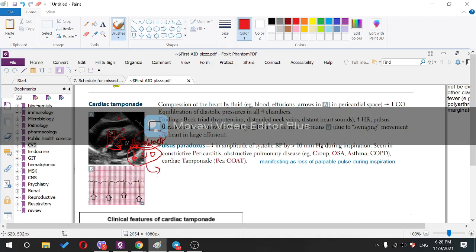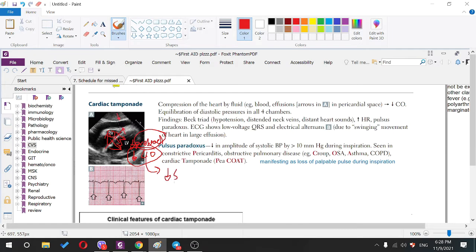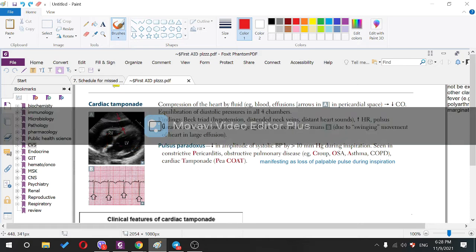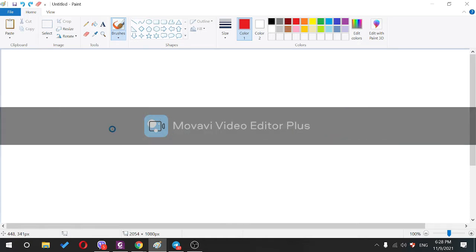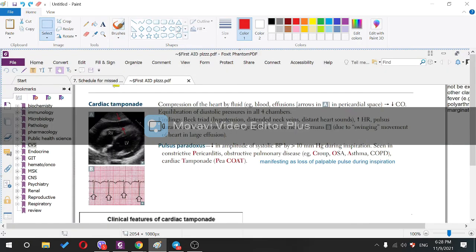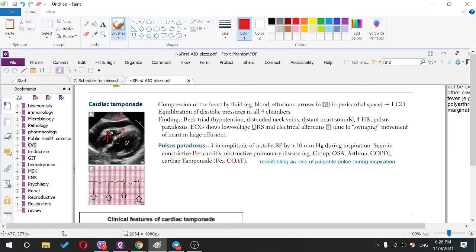When that decreases the cardiac output, that decreases the systolic blood pressure, not increases it. I made a mistake, and if it does not make sense, I will explain it one last time. So, the blood in the right ventricle, what happens to it? It increases on inspiration.